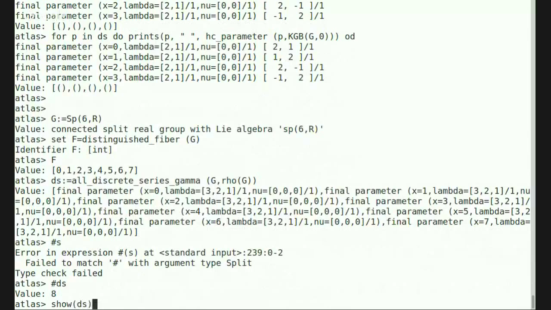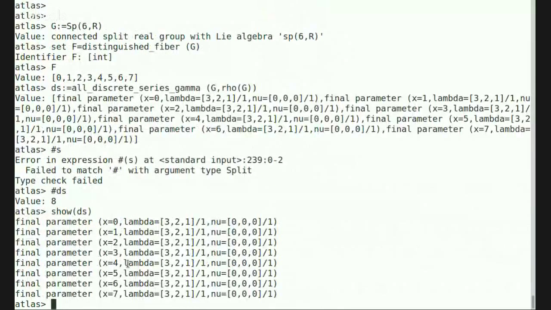Show the discrete series. So again, this is just like the previous example. The parameters themselves have the same lambdas, which is rho, and x is running from 0 through 7. Now, how do I make these look like the ones that I'm familiar with? Well, I have to look at these x's 0 through 7 and the corresponding compact roots. A more efficient way to do this is the following.